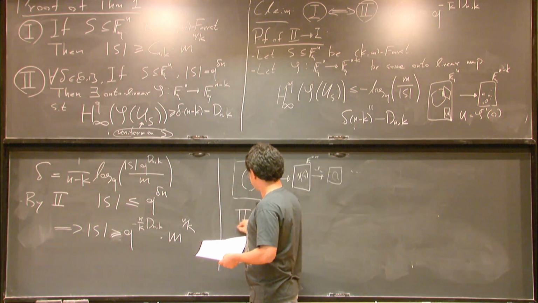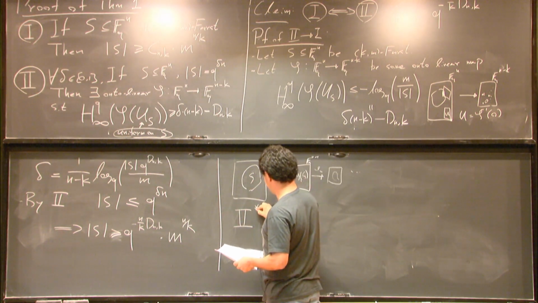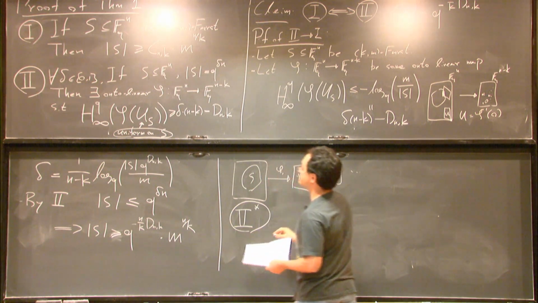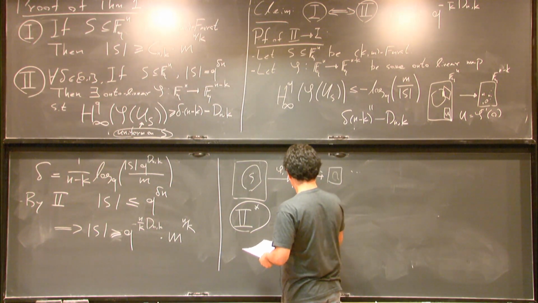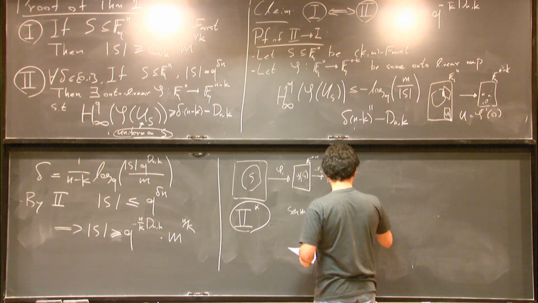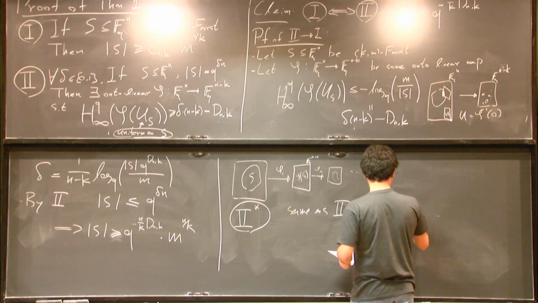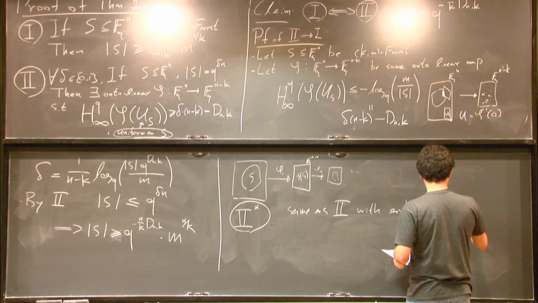Okay, so we just have to change this. And I want to have some time to talk about theorem 2. So let me just give you the very high-level sketch. It's the same as 2 with an arbitrary random variable.